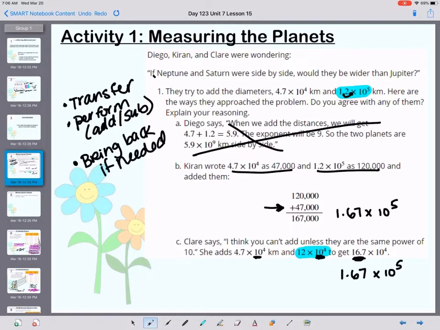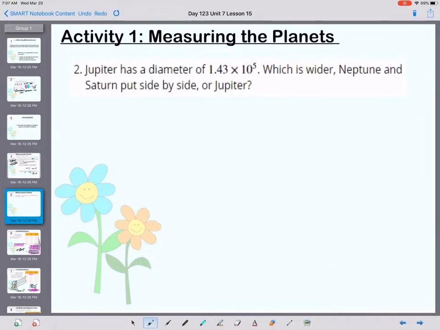In number 2, it says that Jupiter has the diameter of 1 and 43/100 times 10 to the fifth.